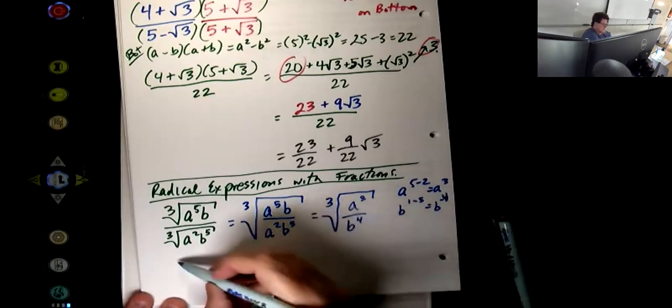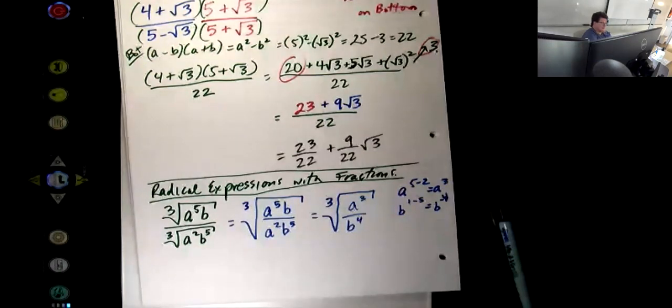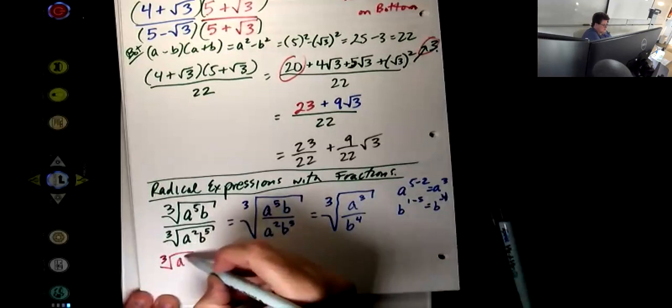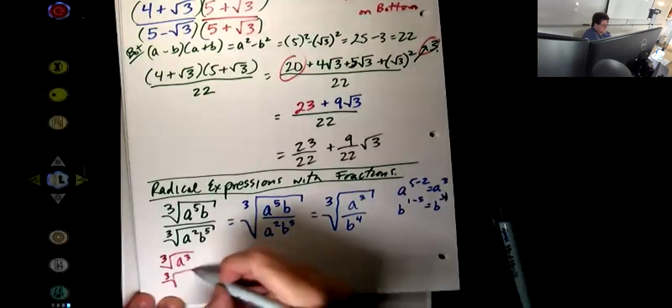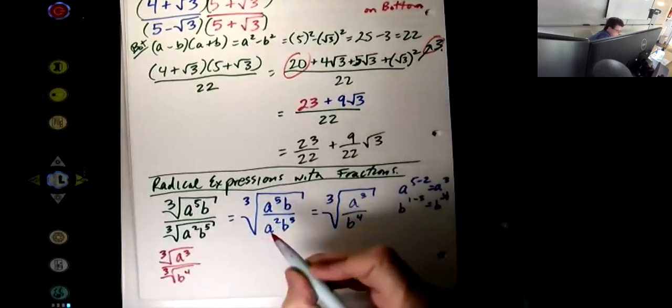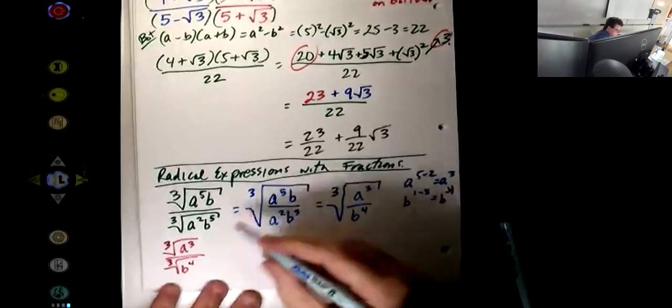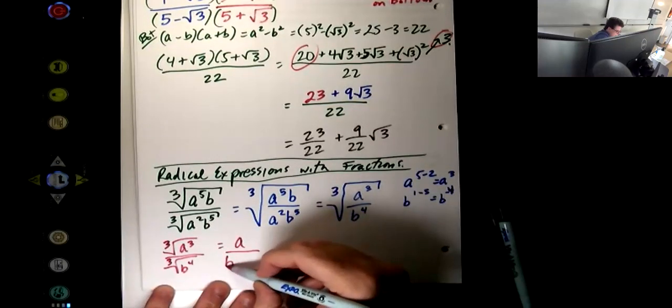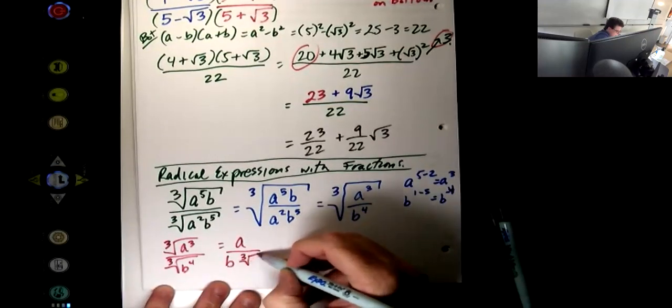Now split it back up. Cube root of a cubed over cube root of b to the fourth power. The top is a, the bottom is b times the cube root of b.